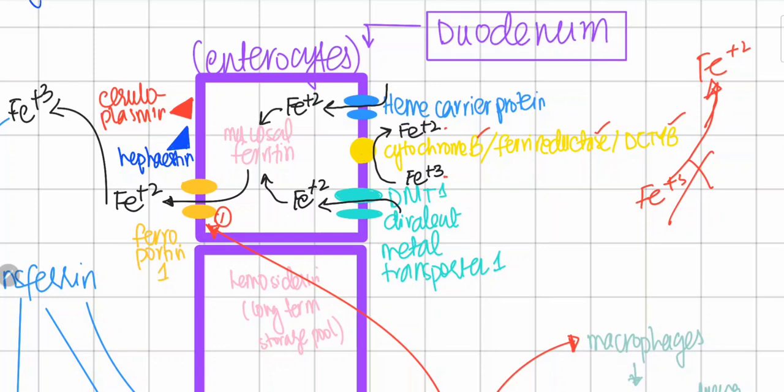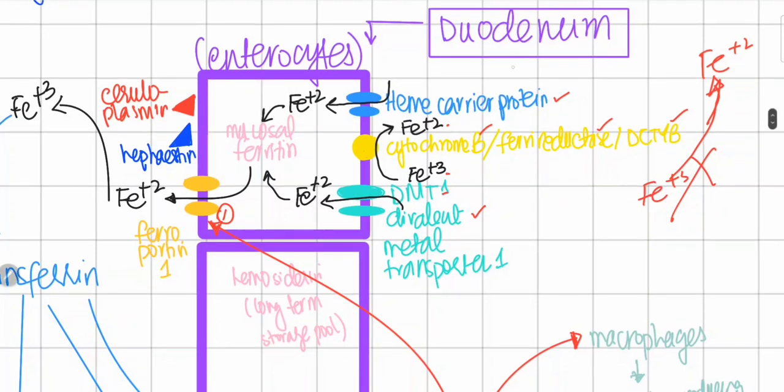After Fe+2 is generated, there are two transporters. One is the heme carrier protein, and the other is called DMT1, divalent metal transporter 1. And these are doors in which the iron is going to leave the intestinal lumen and enter the enterocytes.